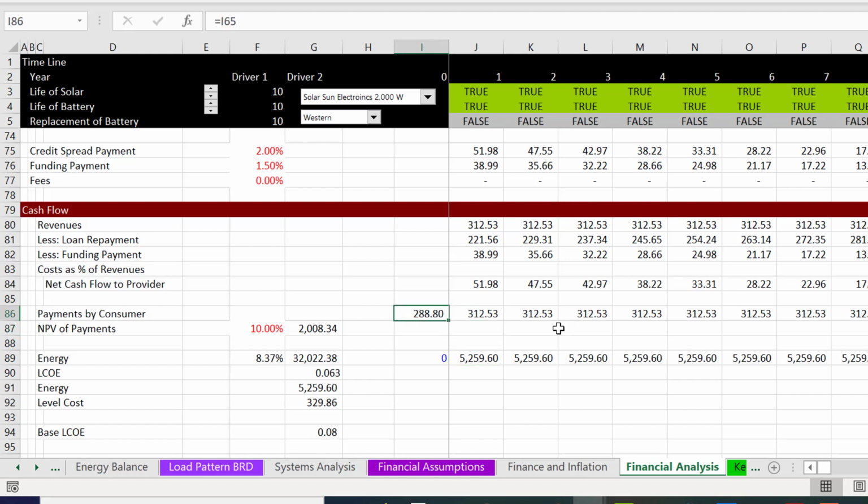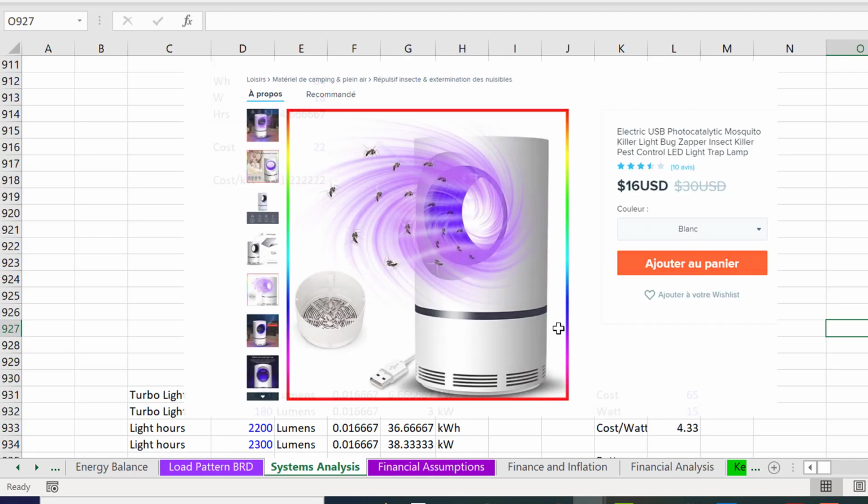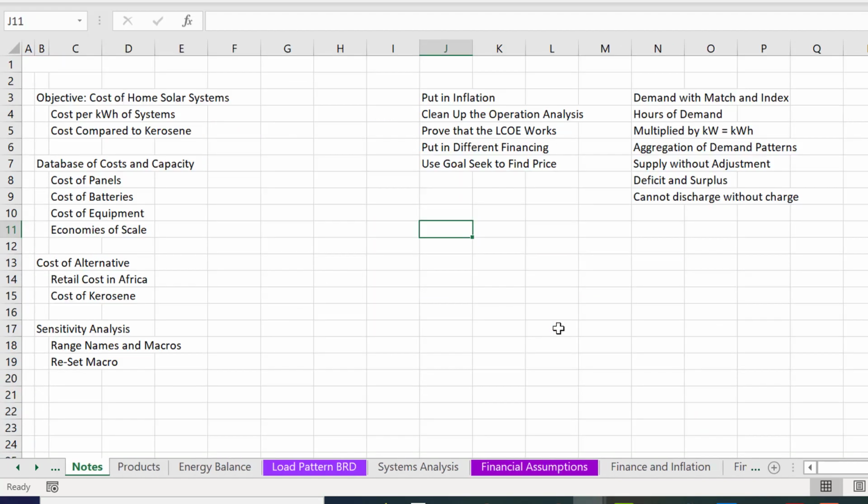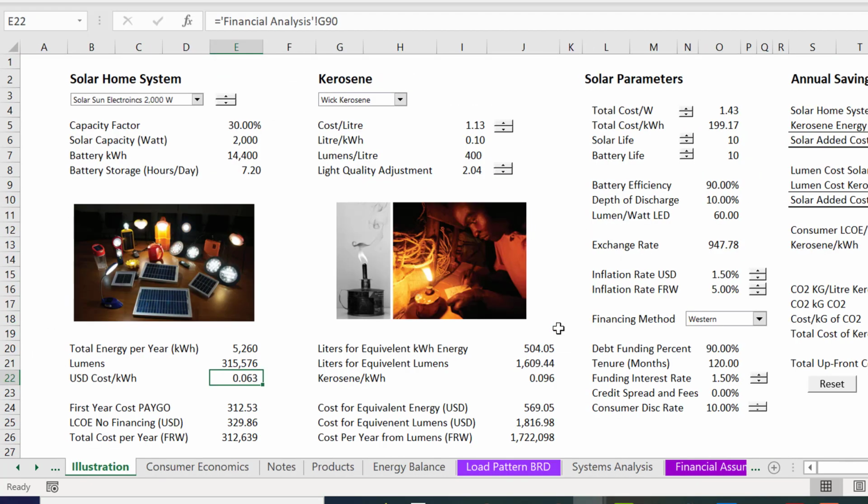And then to get the levelized cost of electricity for these kinds of scenarios, I said we'd do a goal seek. You don't have to do a goal seek. You take the net present value at the consumer discount rate. Now, I really need to put our little... here it is.